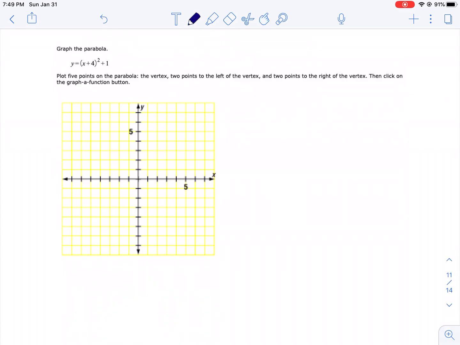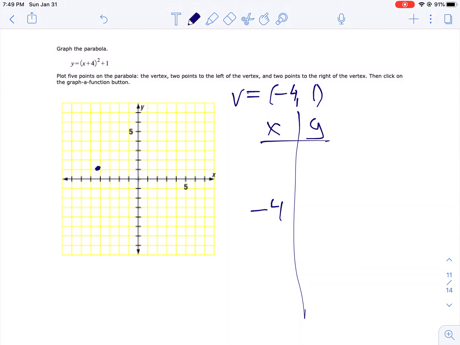The nice thing, this is in vertex form, so we already know the vertex is at -4 and 1. So I'm going to go to the left 4 and up 1. When I make my XY table then, I'll put -4 and 1 in the middle of my table. Put a couple numbers to the left and right.